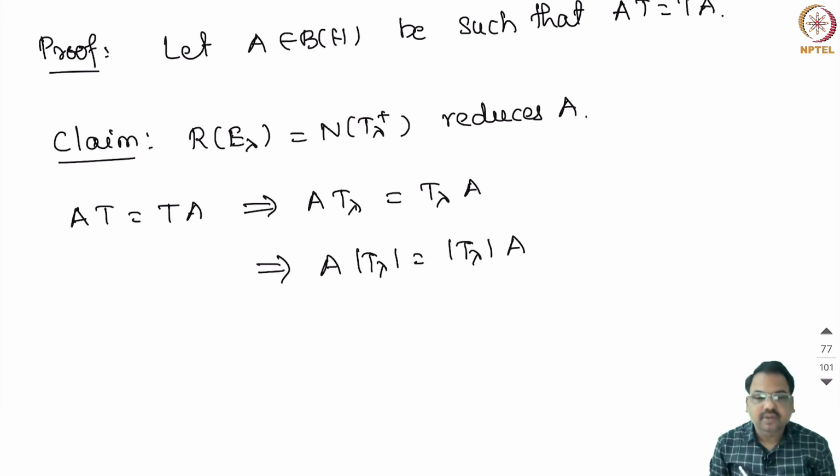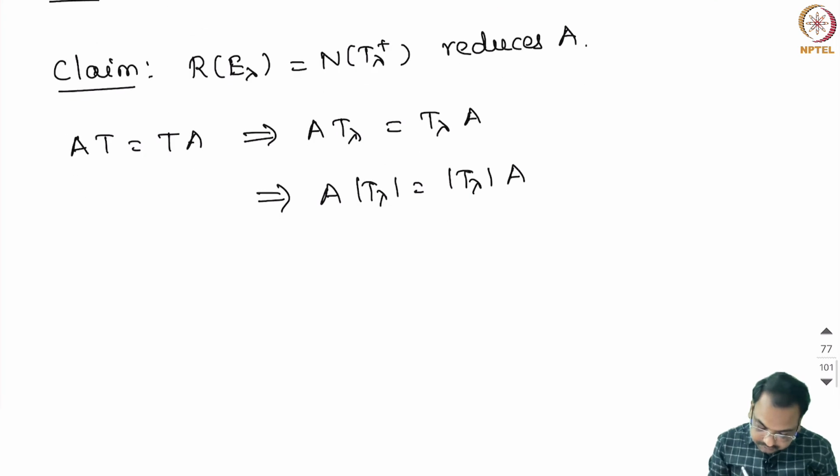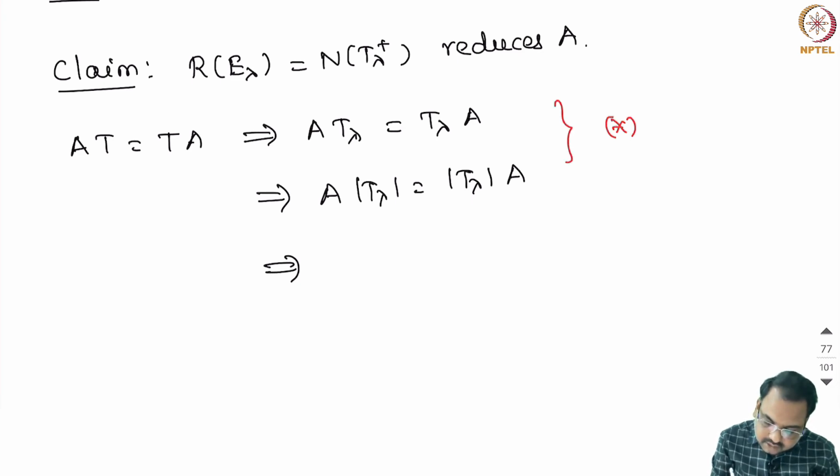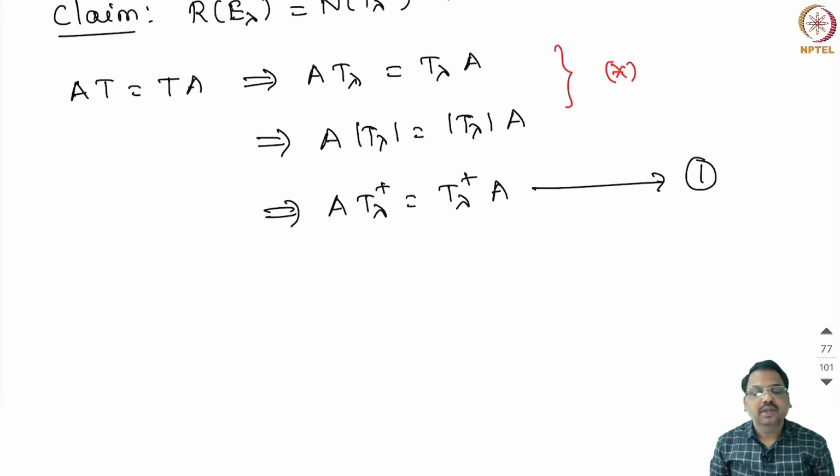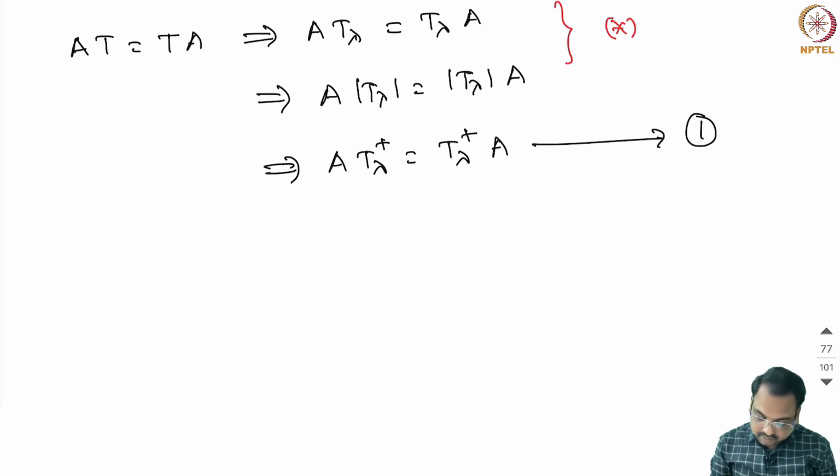It's a property of the square root of an operator. So from these two, let me call this equation 1, we know that A commutes with T lambda as well as mod T lambda, hence A commutes with their average, that is A commutes with T lambda plus.